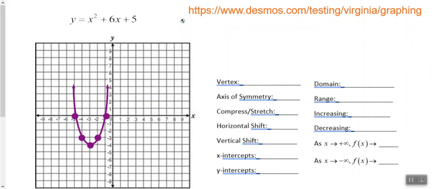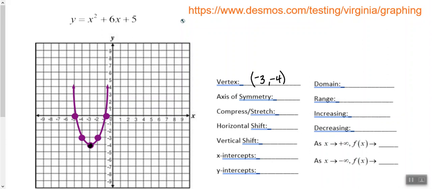Then I can start filling in my chart. Now, we know from Desmos we got the vertex, and that was at the point -3, -4. Which I have here, my vertex. Axis of symmetry is something new. And what that is, it's asking for what line can we draw and have it be symmetrical on each side.